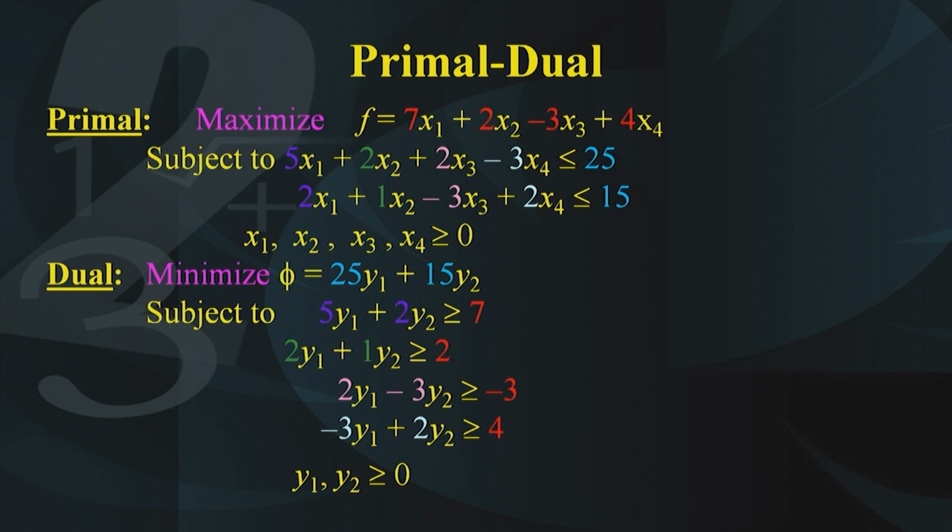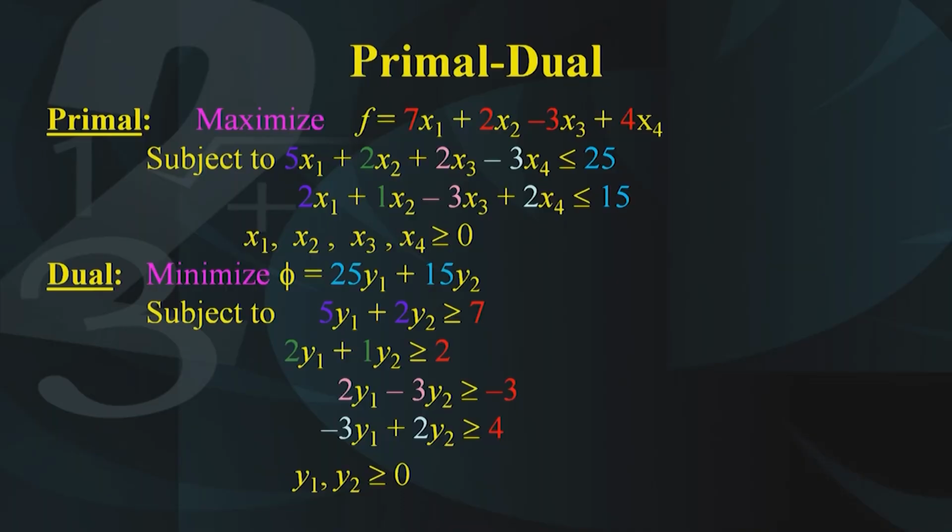And as you can see, each of the columns, let us say the column corresponding to x1, has now become a row of the dual. This is indicated by the different colors, the purple color, the green color, the pink color and the light blue color. So, the A matrix of the primal has become a transpose matrix in the dual.